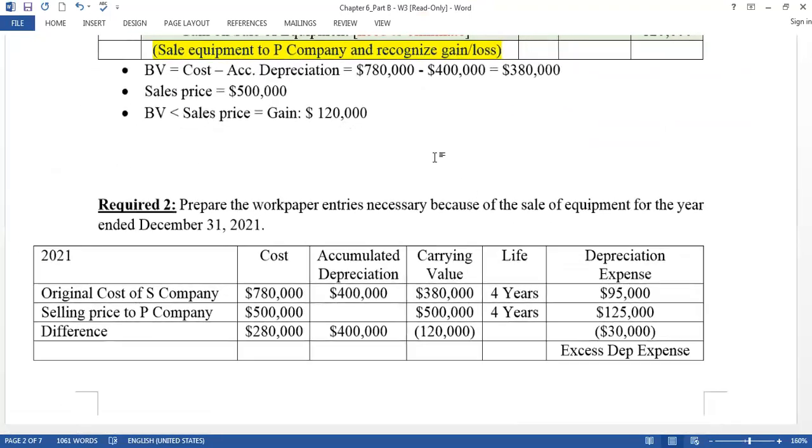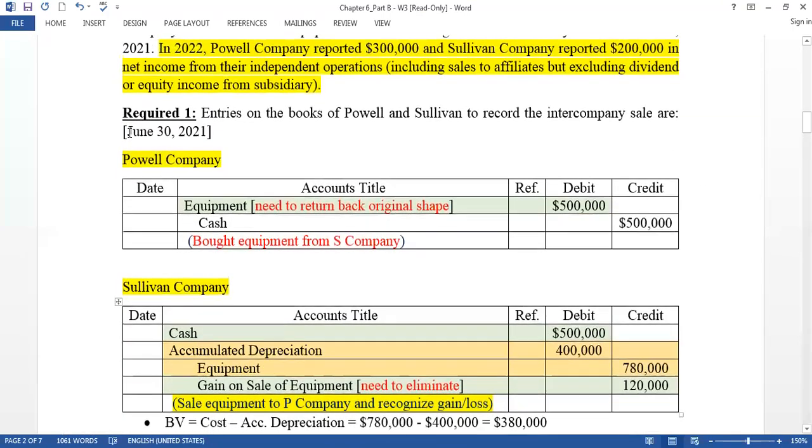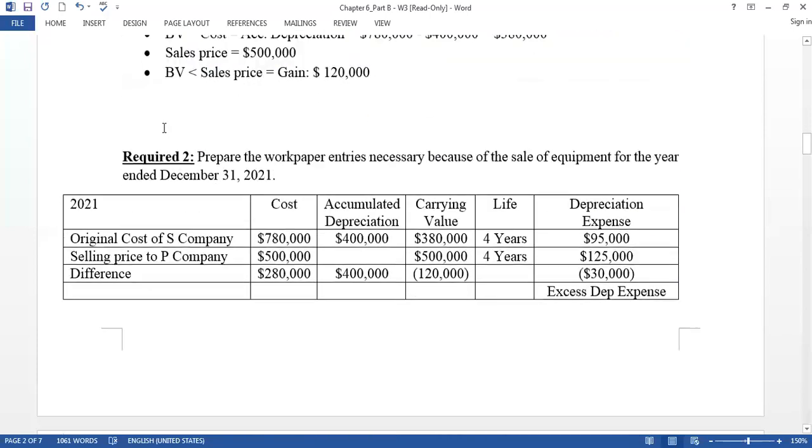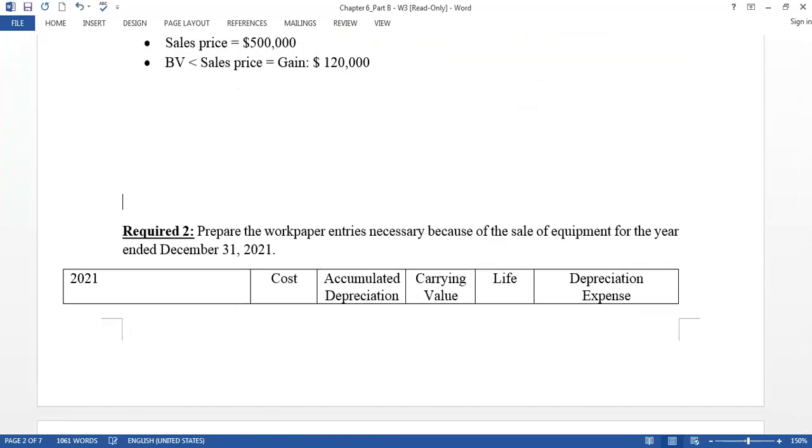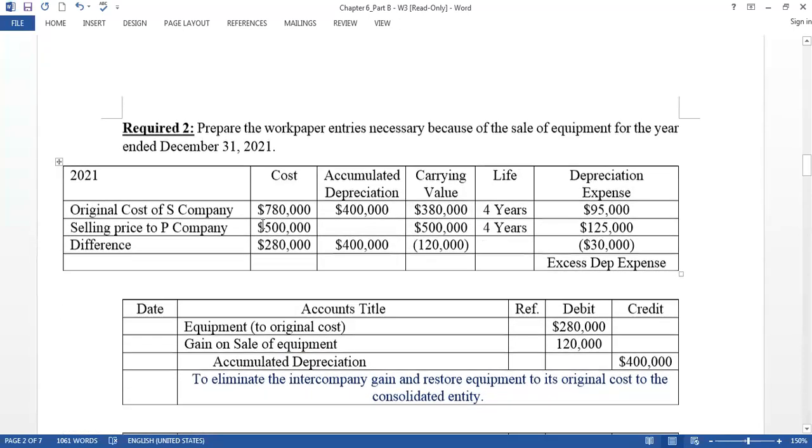So this is the journal of what happened when we sold it, on June 30. Now, when the company prepares the consolidated financial statement on December 31st, what should we do at that day?